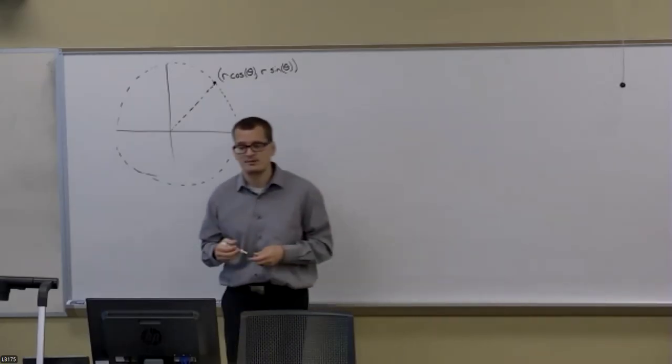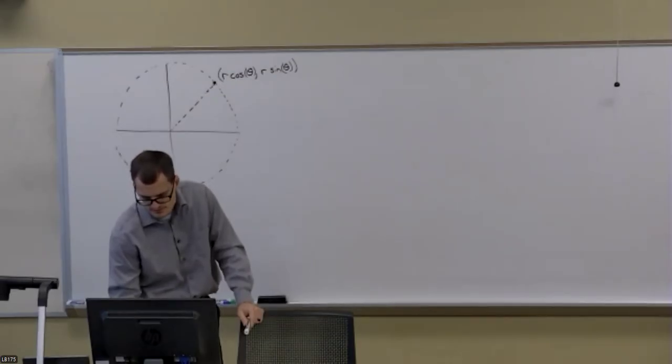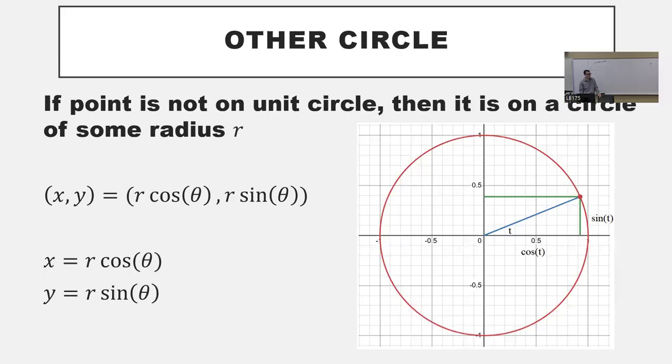So any point can be written that way on the unit circle, or excuse me, in the Cartesian coordinate plane, where the x value is r cosine theta, the y value is r sine theta.